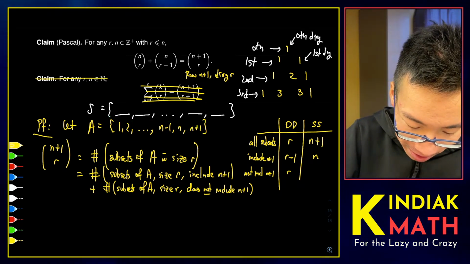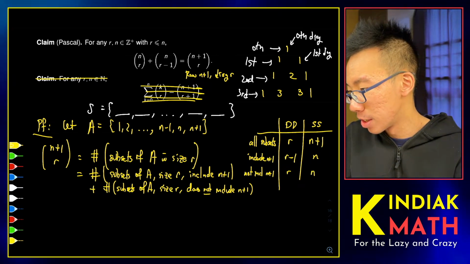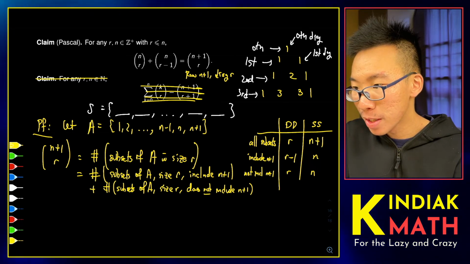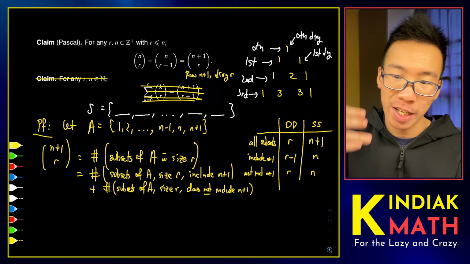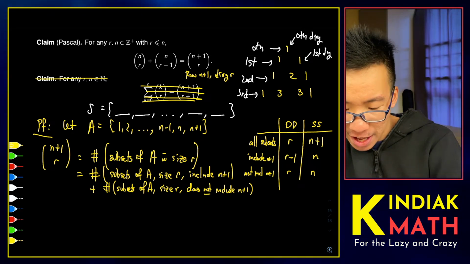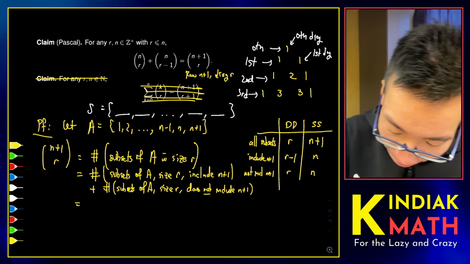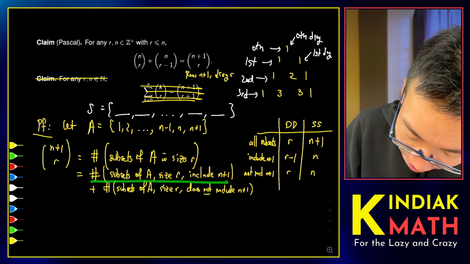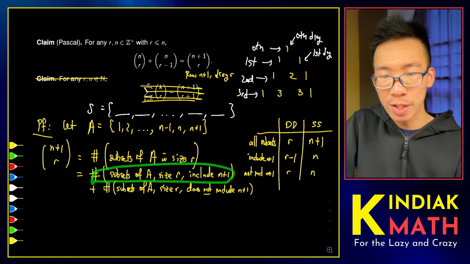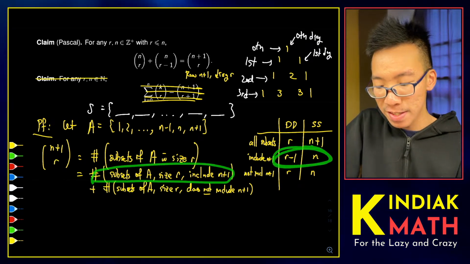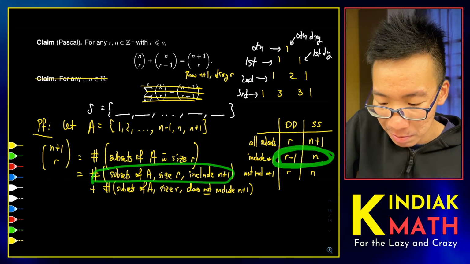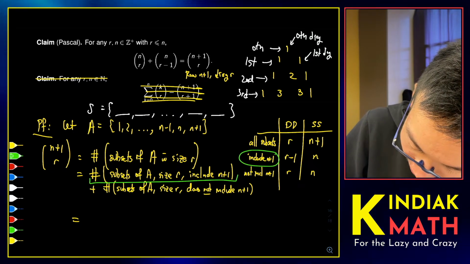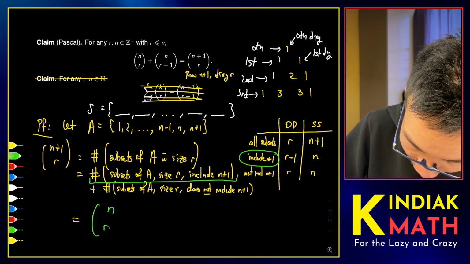It's still n choices for the remaining r spaces. And so the number of subsets of A that include n plus 1 is given by this pair of supply and demand. That's going to be this quantity, n choose r minus 1.